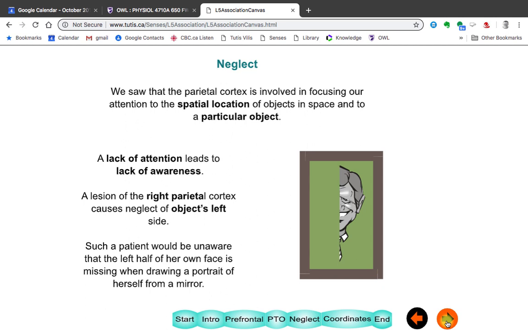So a patient, if you had this lesion, you would be unaware of the other side, even though you're making a portrait of yourself. And again, in the links to unique new things is that there's an example of an artist who had such a lesion, and he made a portrait of himself, and you can see that portrait. It's missing half his face.